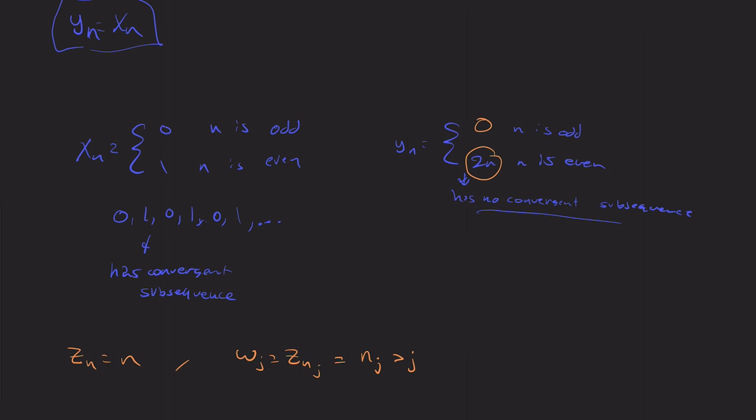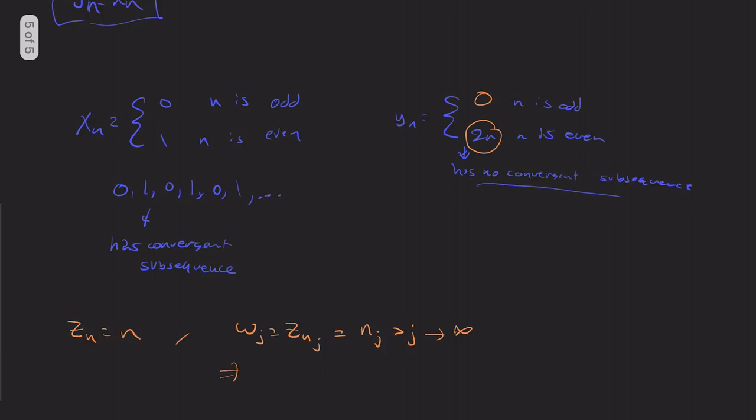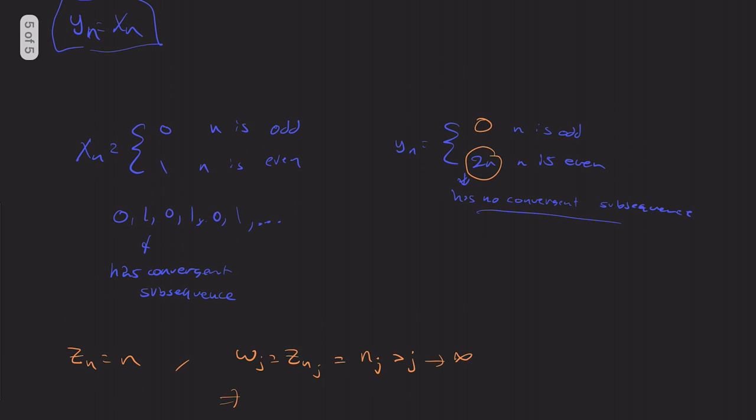And because this function is an increasing function of n, that's greater than j, and that goes to infinity. So that tells us that any subsequence doesn't converge.